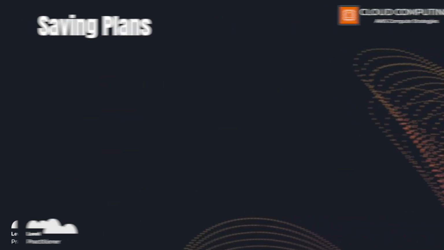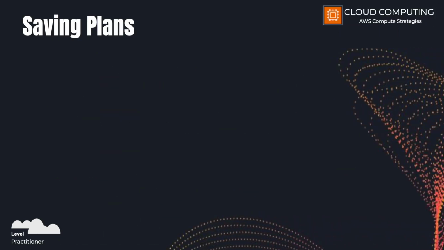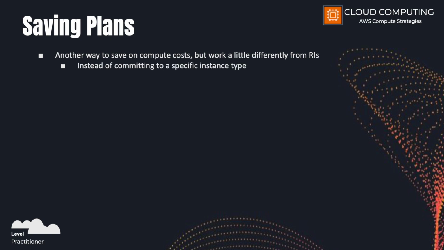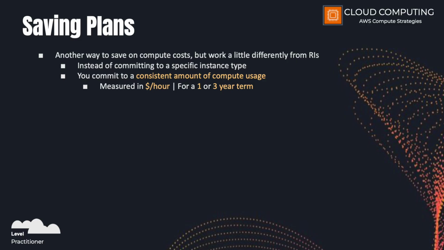Now, let's talk about savings plans, which are closely related to reserved instances but give you more flexibility. Savings plans help you reduce compute costs by committing to a consistent amount of usage over time. Instead of committing to a specific EC2 instance type, you commit to a certain dollar amount per hour for 1 or 3 years, and in return, AWS gives you discounted pricing compared to on-demand.